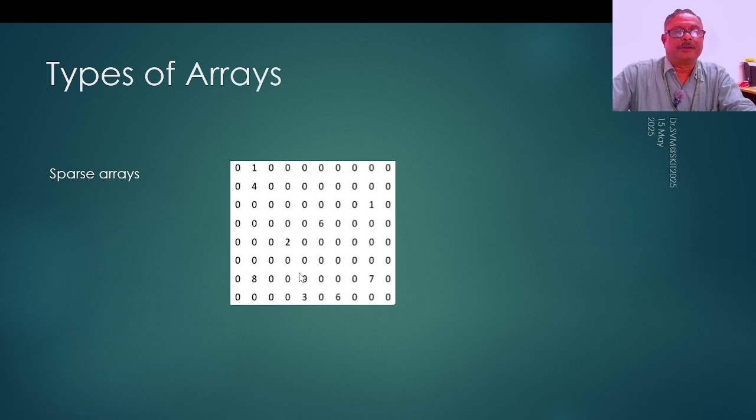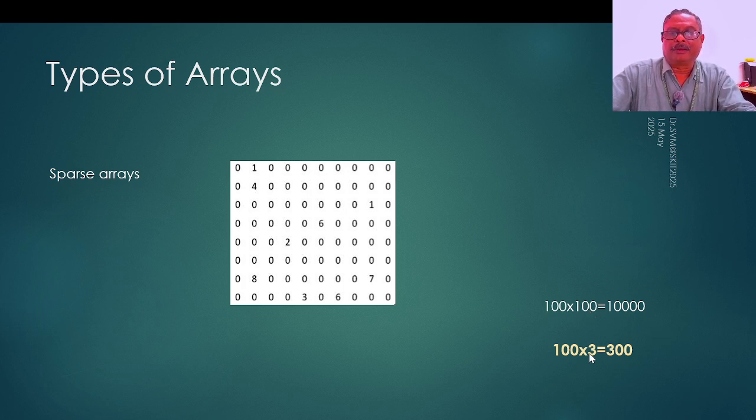So if we talk of this sparse matrix, say a matrix of 100 by 100 size, then there will be 10,000 elements in the matrix. And if we assume that there are only, say, 100 non-zero values in this 100 by 100 matrix, then it can be represented by a row number, column number, and its value.